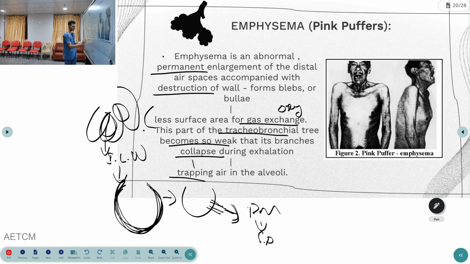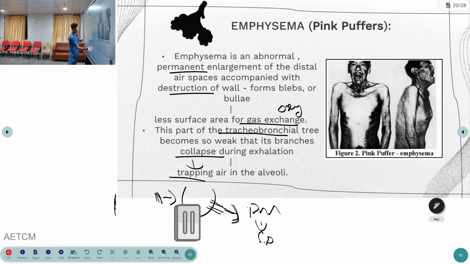Ultimately it leads to trapping of air in the alveoli. So two major things: first, the interlobular wall gets destroyed and forms blebs or bullae, affecting oxygenation and gas exchange. Second, it leads to trapping of air. This is the major pathology occurring in emphysema cases.